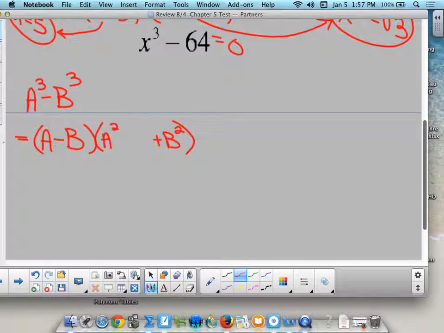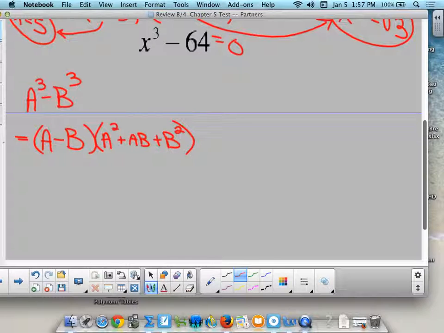Always A squared plus B squared. Then it's always AB, the opposite sign of the first. So if this is a minus, this is a plus. There's your answer, if it's A cubed minus B cubed.